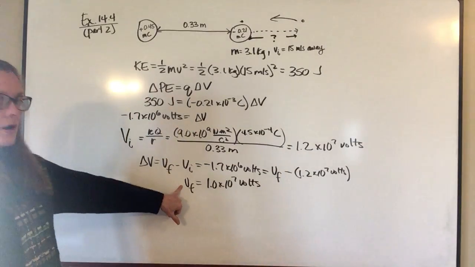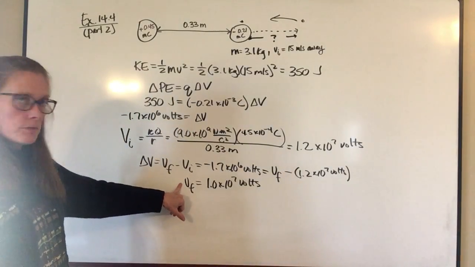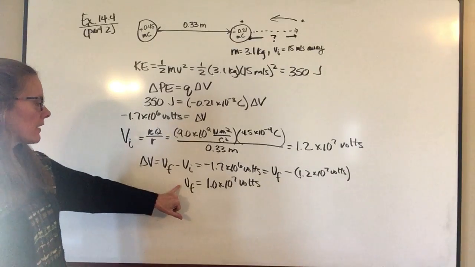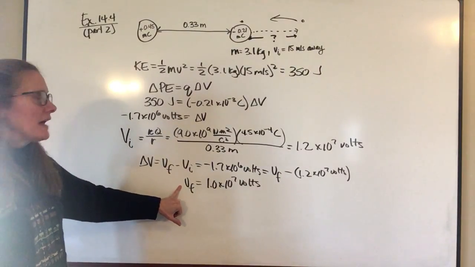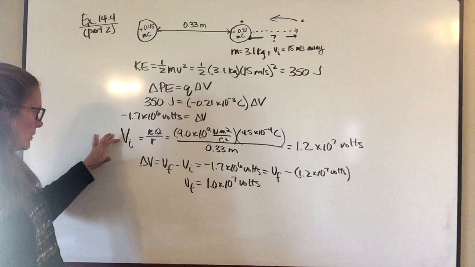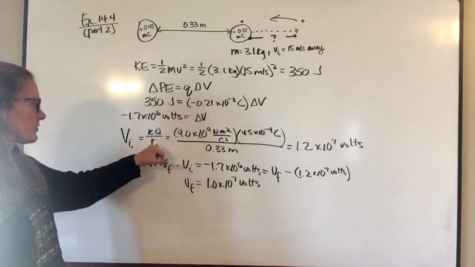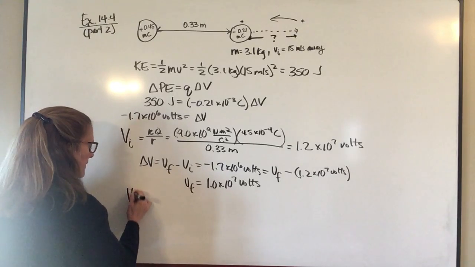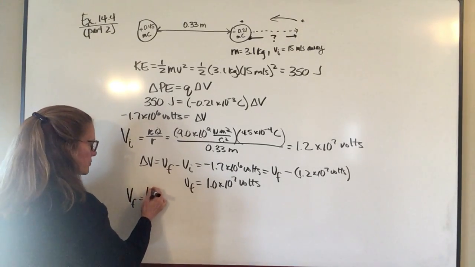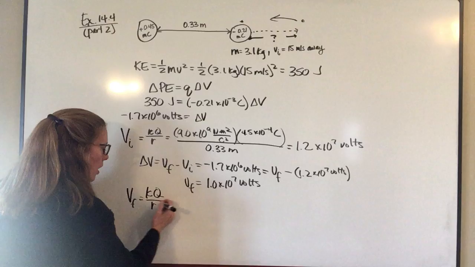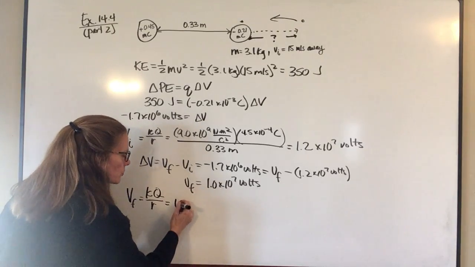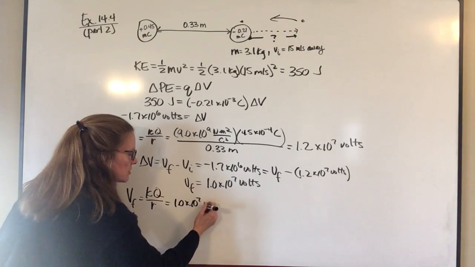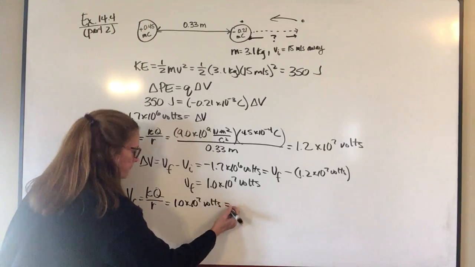Okay, now that I know that electric potential, again, that's capital V, not a little one, now I can use the formula for electric potential and find out what that R is. So I'm going to use V sub F equals KQ over R. The V sub F is 1.0 times 10 to the 7th volts.